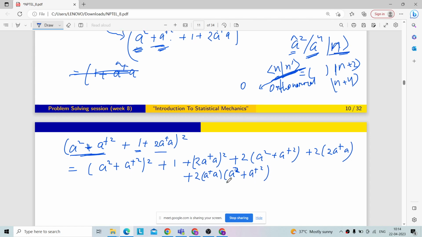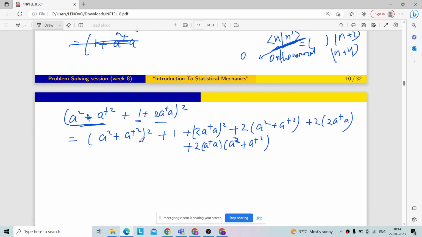Okay, now we just want to extract the useful things from this term, so we will neglect all other terms. You see, from this term there is a² and a†², so it will ultimately change the ket state, so I can securely take this to be 0.